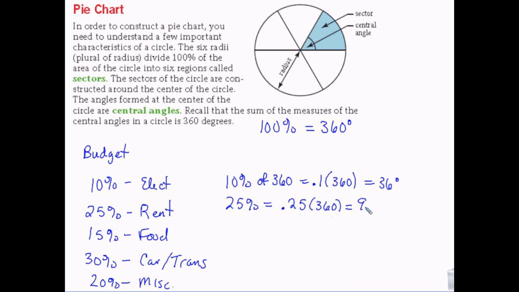And it's going to be 90 degrees. Let me just double check that. I think that's right. Yeah. And then 15% is going to be 54 degrees. That's 54 degrees, not 540.